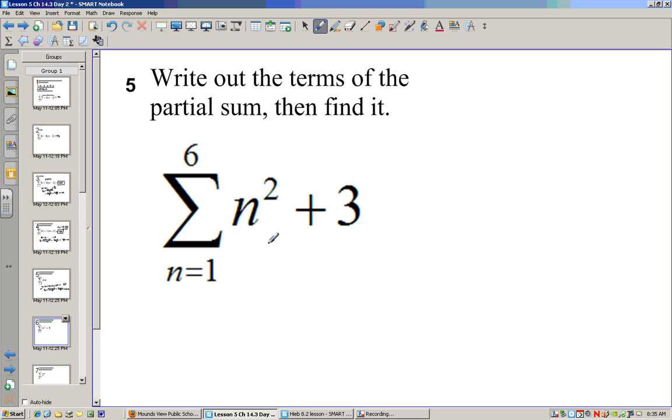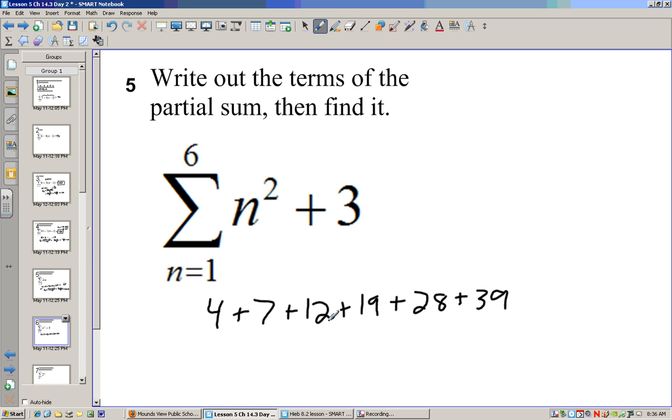Let's try this one. 1 squared is 1, plus 3 is 4. 2 squared is 4, plus 3 is 7. 3 squared is 9, plus 3 is 12. 4 squared is 16, plus 3 is 19. 5 squared is 25, plus 3 is 28. 6 squared is 36, plus 3 is 39.